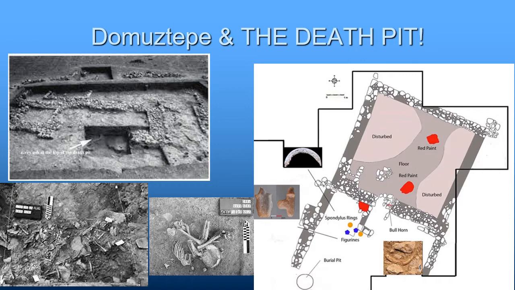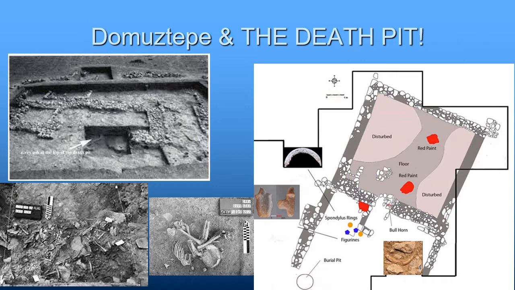Whatever it was, some sort of ceremony took place at this site that probably went over a few weeks and had several phases, and they were basically throwing dead bodies into this over and over again. What exactly is going on here, we don't really know.